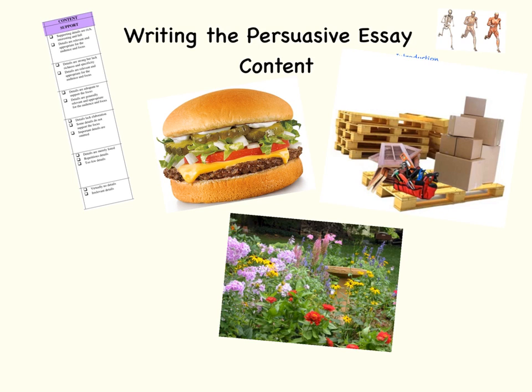All of the content that you choose help to make your house more stable, your flower garden smell better and look pretty, or your cheeseburger taste good. The content in your essay will help your essay be more persuasive.